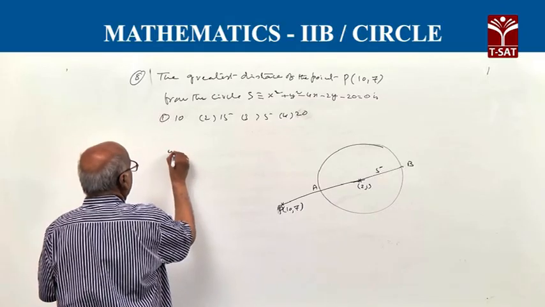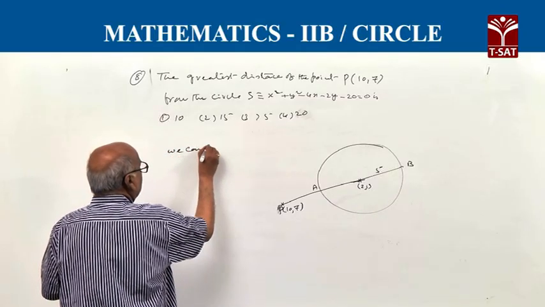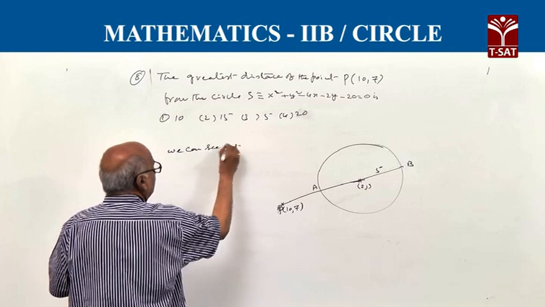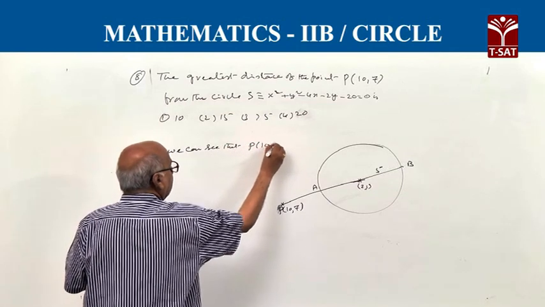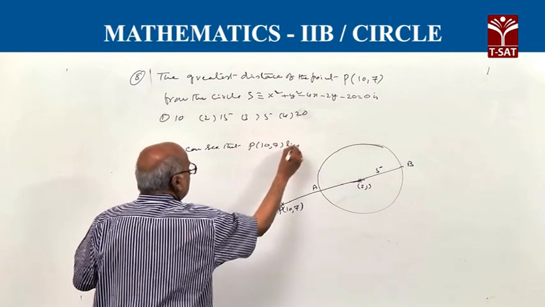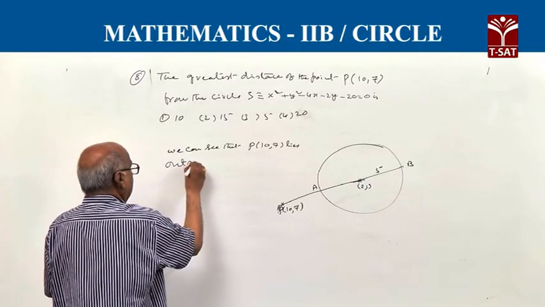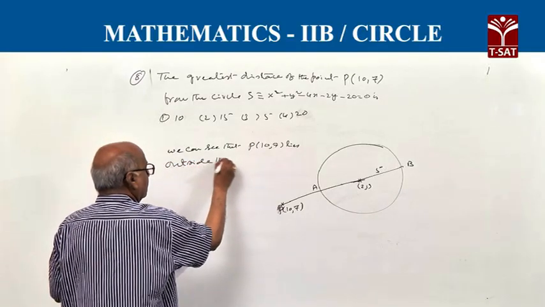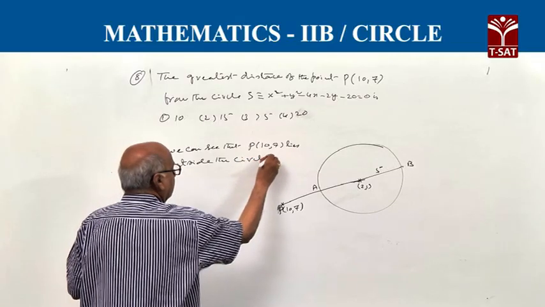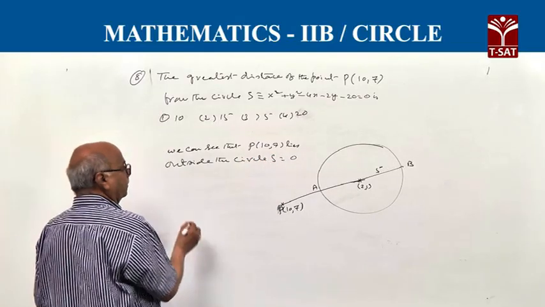Now you can see that P(10, 7) lies outside the circle, S is equal to 0.